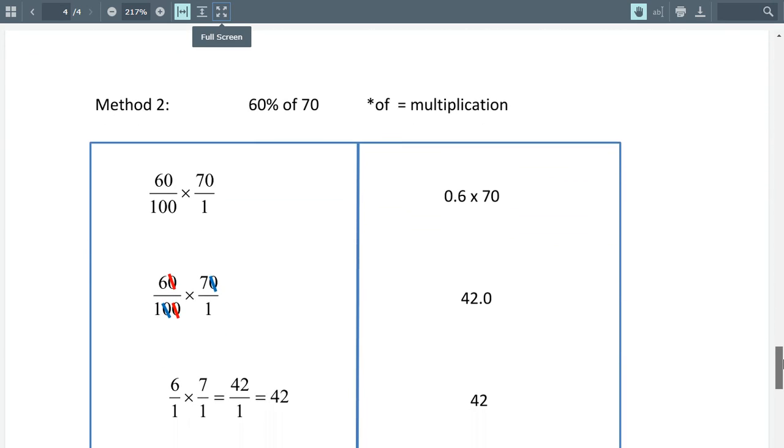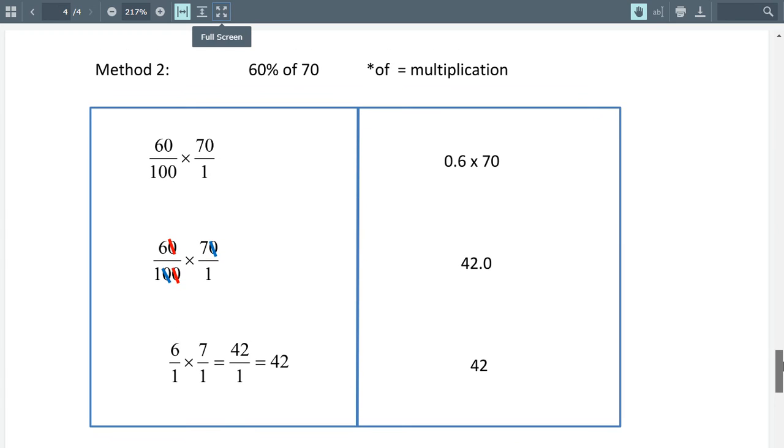Method 2, 60% of 70. Of in math means multiplication. So I could change 60% to 60 out of 100 times 70 over 1, simplify early, multiply across, and the answer is 42. 60% could also be turned to a decimal, 0.60 or just 0.6 times 70, which equals 42.